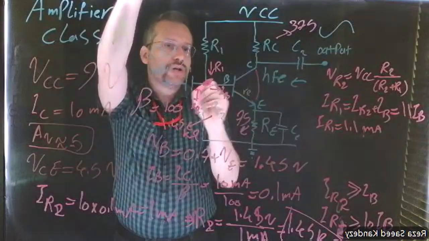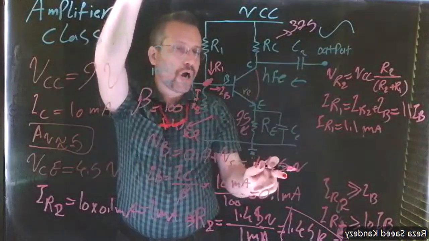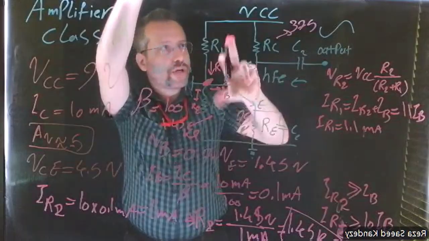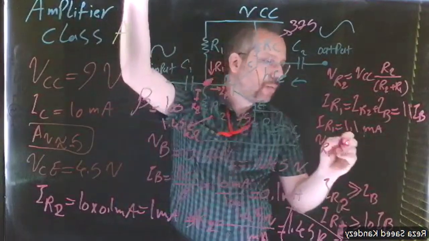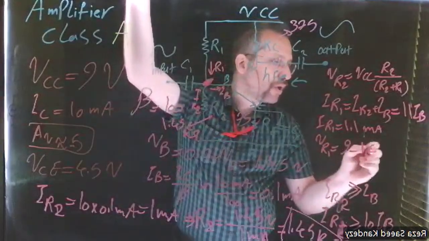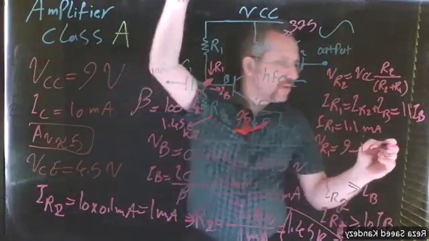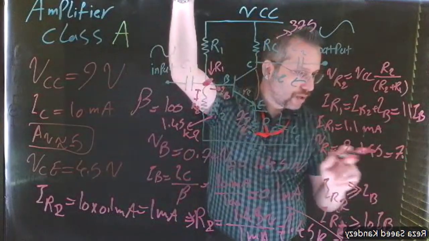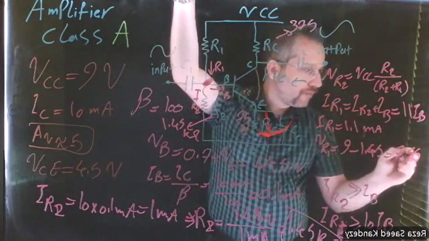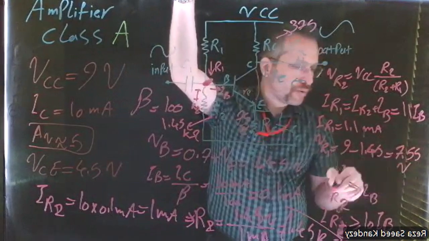Now, in order to calculate R1, we need the voltage across it too, but it's easy because the voltage at the base is 1.45 and the supply voltage is 9 volts. So the voltage across R1 becomes 9 minus 1.45, which is 7.55 volt.